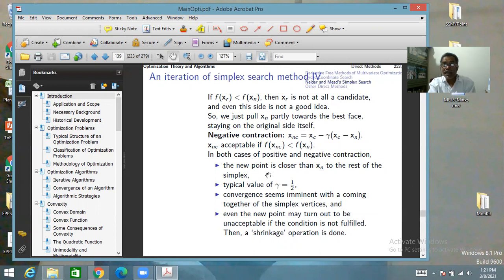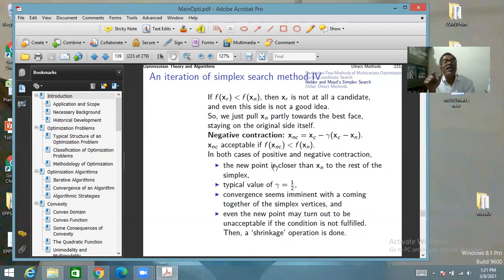And this kind of contraction step takes place mostly when convergence is imminent, and in order to satisfy yourself regarding the accuracy, you need to have the points come together so that the simplex becomes very small within your tolerance.